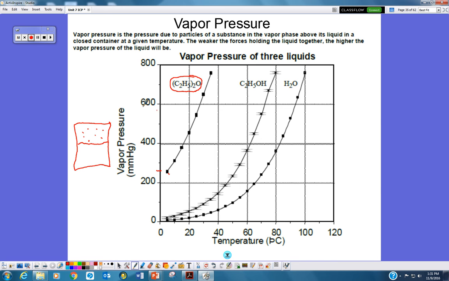So let's just kind of look here. Why will this, right around here is room temperature, so readily be a gas at 24 degrees Celsius or 30 degrees Celsius? Well, what type of molecule is this? It is a covalent molecule.